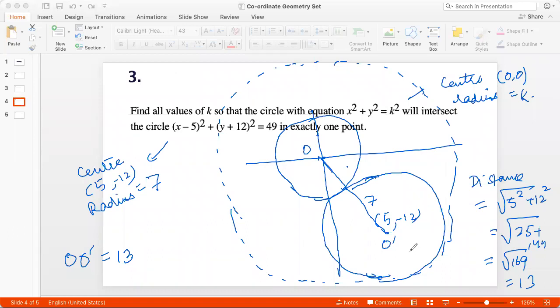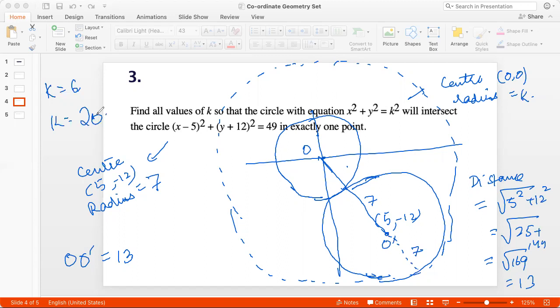Then this is 7. We know that O O dash is 13 plus 7, another 7 for this circle, right? So one value of k was 6 and the other value of k will be 13 plus 7, which is 20.